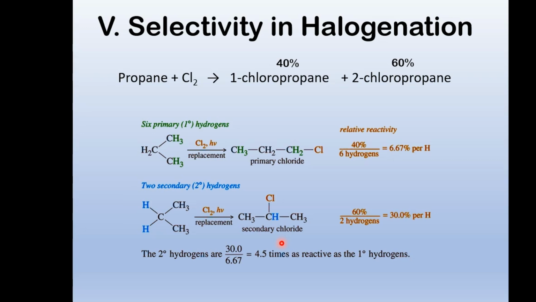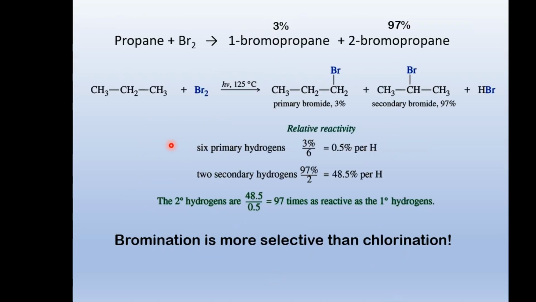So we might ask ourselves, what's going on here? If I just look at propane, I've got 3 hydrogens here and 3 hydrogens there. There's 6, and I've got 2 here in the middle. So if it was just statistical, the chlorine radical just had to run into the molecule, the probability is it's going to slam into one of these at a greater probability than those.